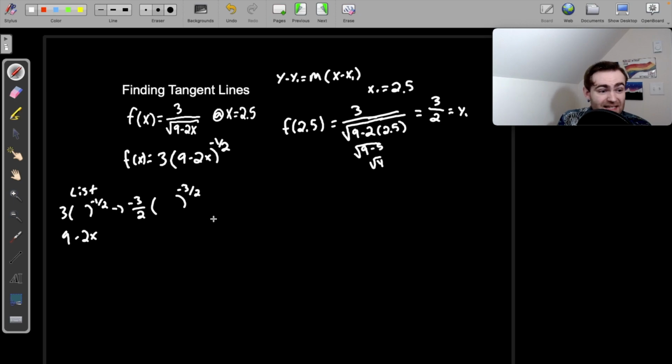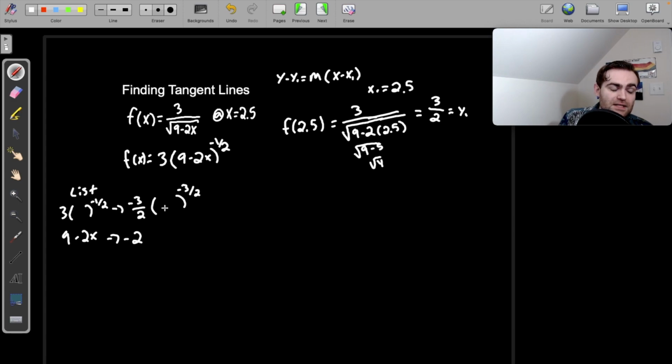Again, a common mistake. They'll say you take away 1 from negative 1/2, and they'll forget that step. So that's a very common mistake. Do your best to try to play around that. Here's another one. The derivative of 9 minus 2x is negative 2. Don't forget the minus in front of the 2x makes the derivative negative.